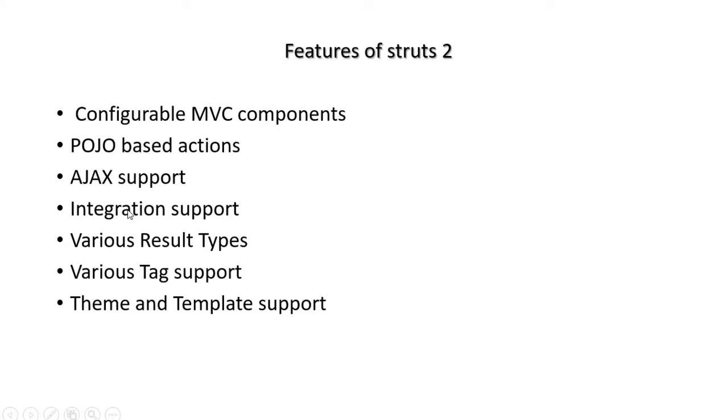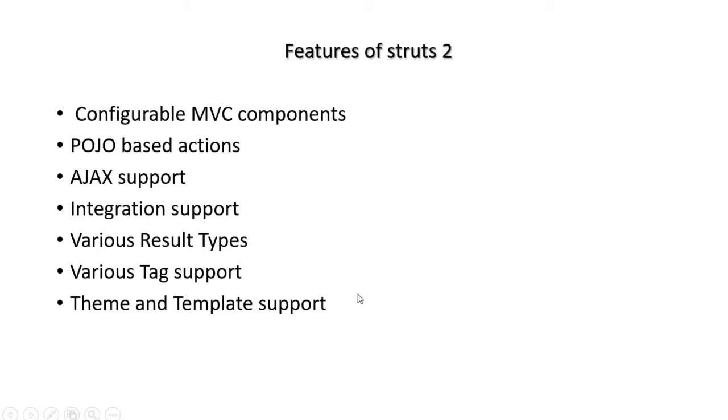Again, integration with frameworks like Spring, Hibernate, and Tiles is very easy with this Struts2 application. As a result, it is possible to use various technologies like JSP, FreeMarker and Velocity in a Struts2 application. Also, it supports tags like UI tags and control tags, which give various functionalities in Struts2.